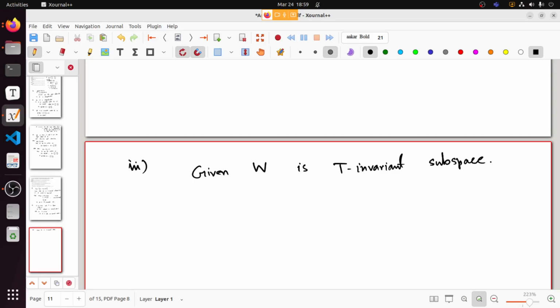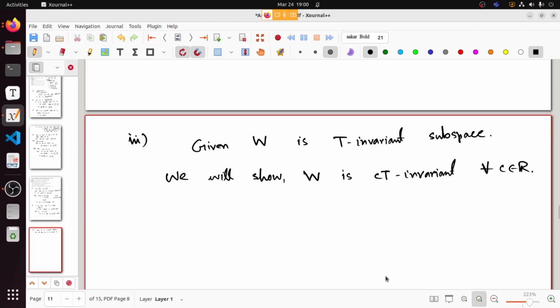You have to check it is a cT invariant subspace for all c. So we will show W is cT invariant for all c in real numbers, right? So let's take v, one element from W, then apply cT to v.